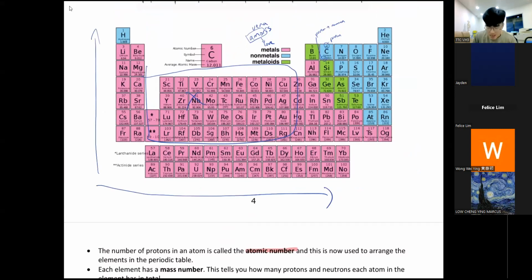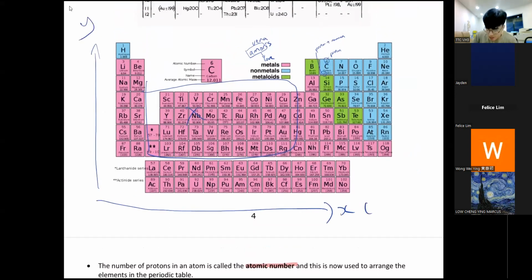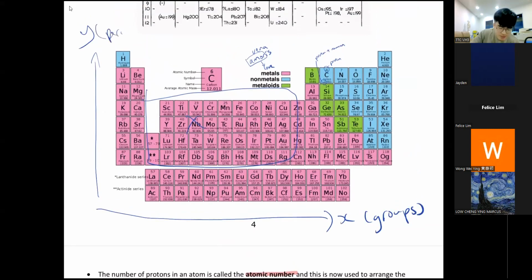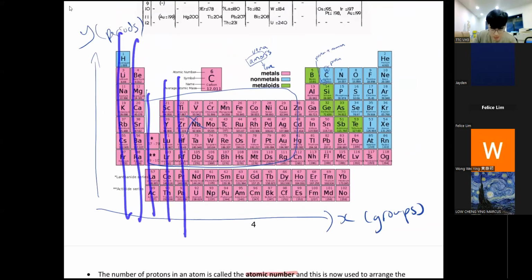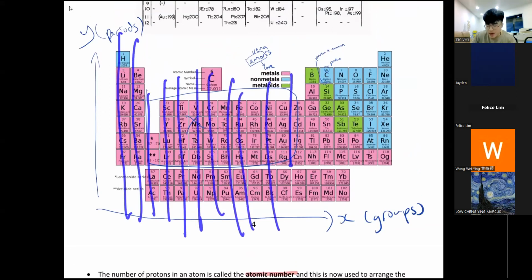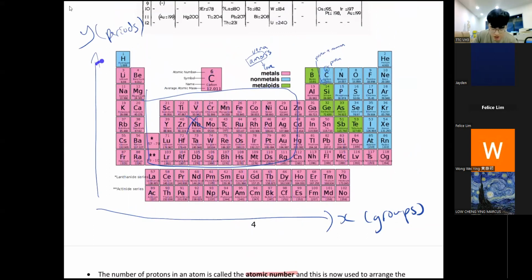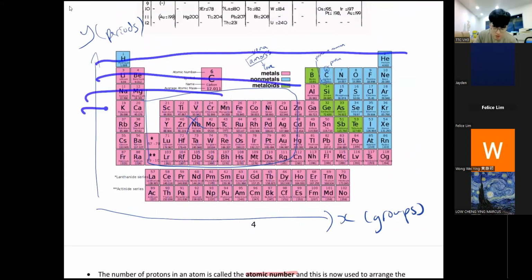The x-axis is called groups, the y-axis is called periods. So this is group 1, group 2, group 3, group 4, group 5, group 6, group 7, all the way until group 18. And then this is your period 1, period 2, period 3, and so on.